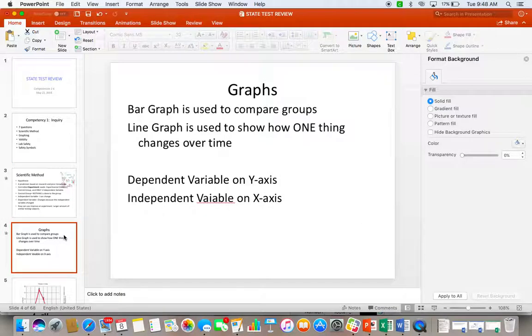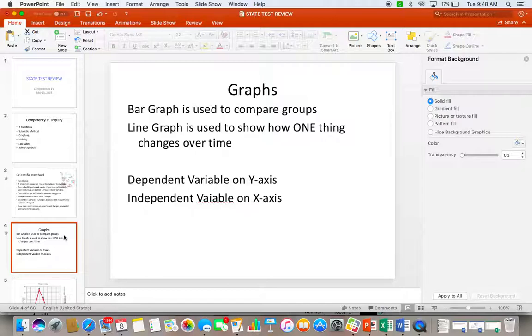When we chart our results, remember, we're going to use graphs. And the two types of graphs that we use most often are bar graphs and line graphs. Bar graphs are just comparing groups of data, and the line graph is showing how one thing is changing over time. And so bar graphs, you may have more than one thing included in it.